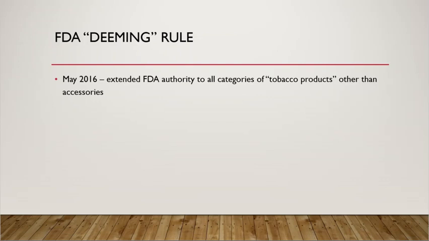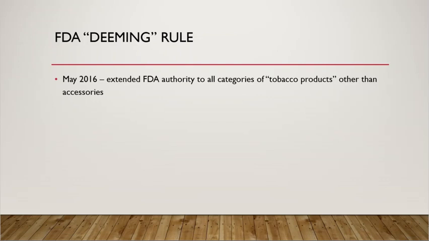So the deeming part of it: if the item is a tobacco product as defined in the statute and rules, it is deemed to be under FDA regulation. So the best way to understand that is those that are using technology to come up with new tobacco-related products like vaping are going to be swept under FDA regulation by virtue of this deeming rule.